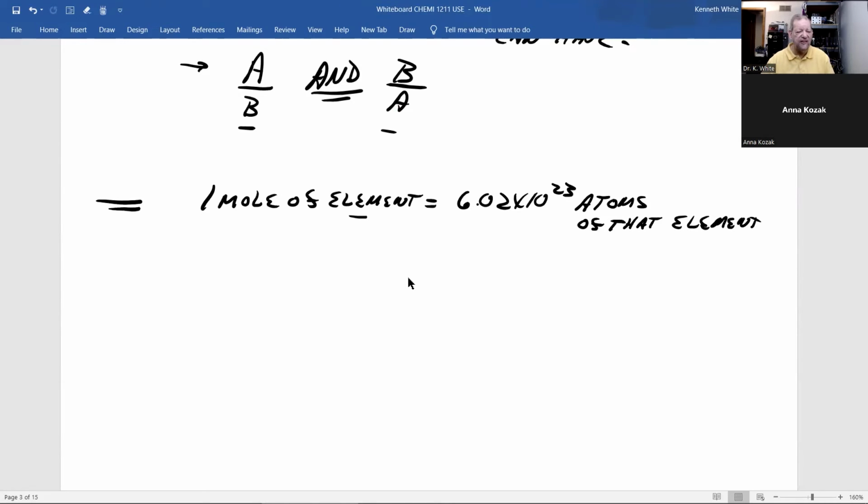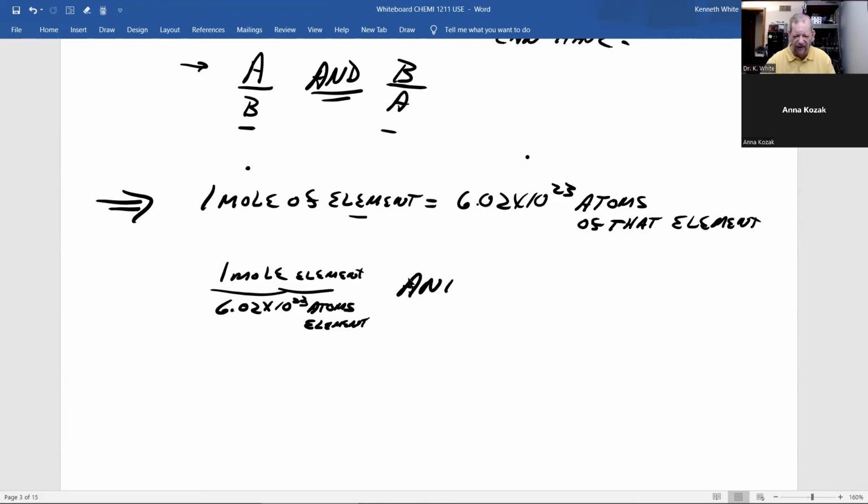So from this, I also know 1 mole of an element for 6.02 times 10 to the 23rd atoms of the element. That's A over B.